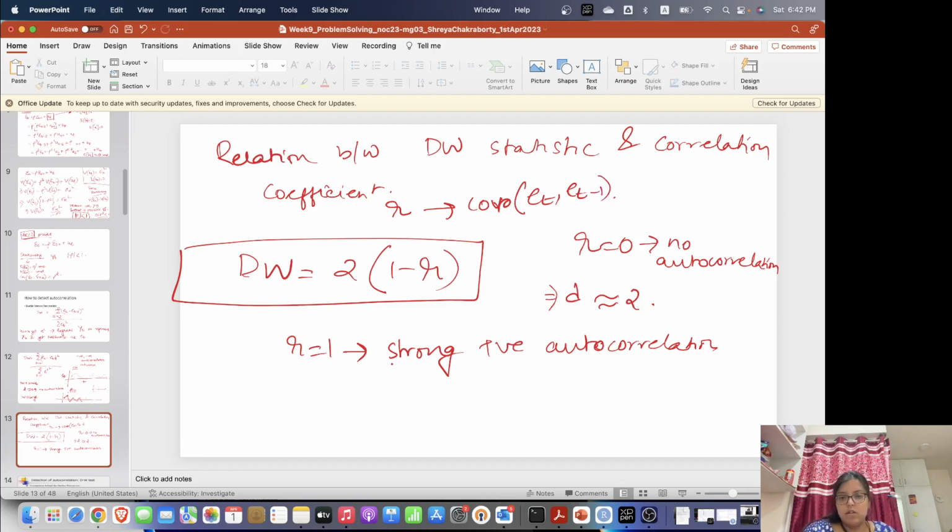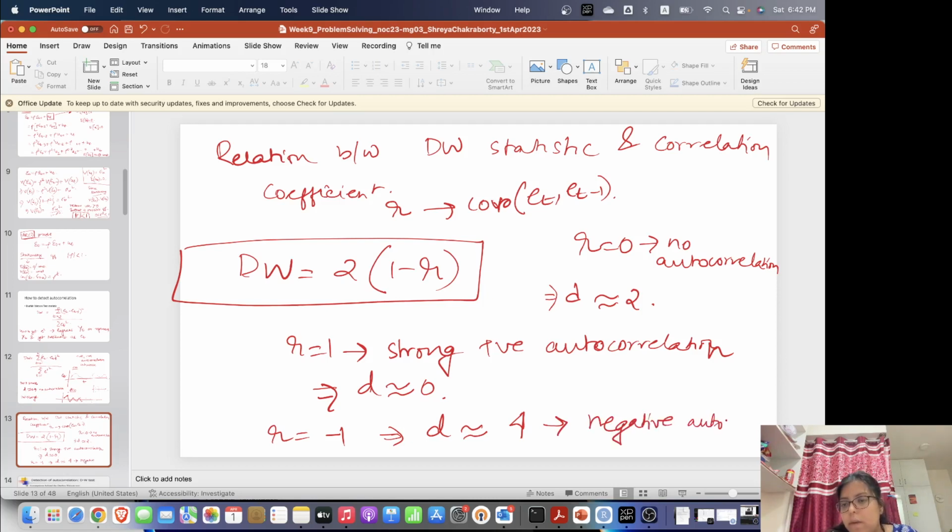So if r is 1, it means there is strong positive autocorrelation. In that case d will be close to 0, and if r is minus 1, then d would be close to 4, and r equal to minus 1 means negative autocorrelation. Is it okay?